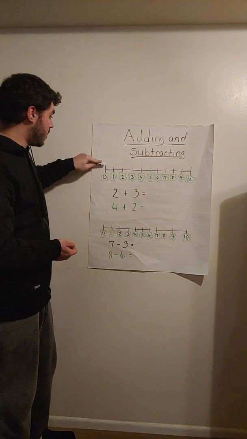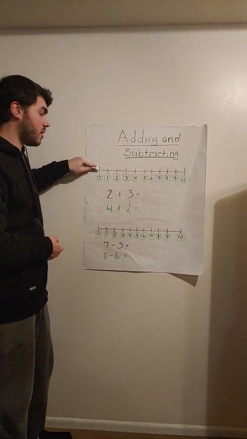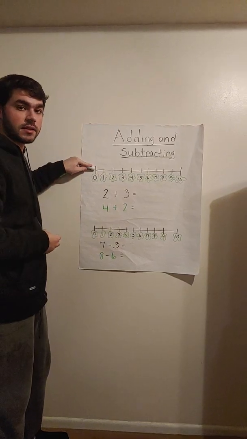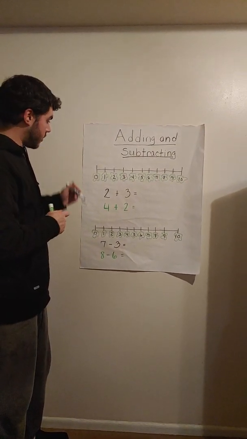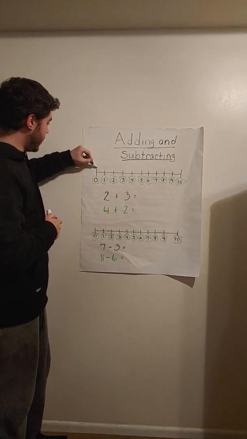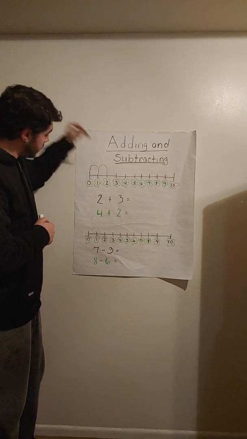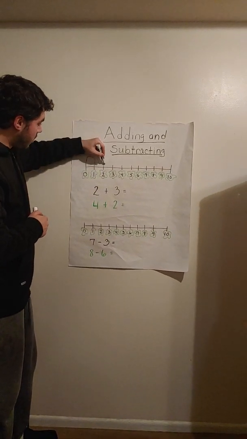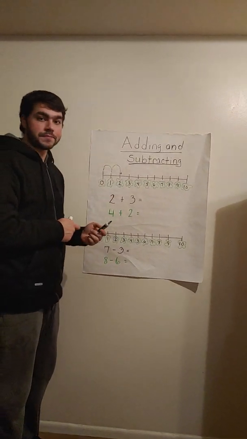Alright, so we start from 0, and we're going to help our frog jump across by 2 lily pads. So, let's try jumping across now. Alright, so we go from 0, and a 1, and a 2. So now, our frog is on the second lily pad.